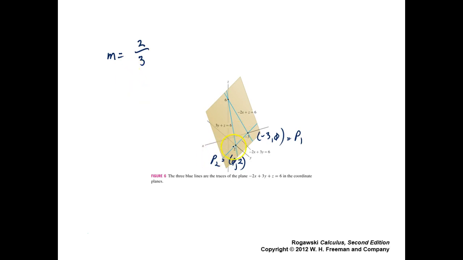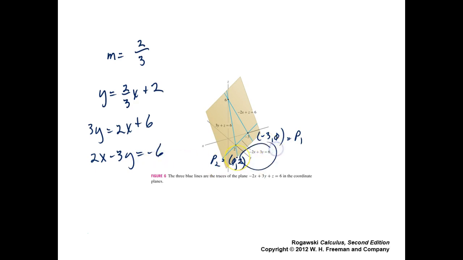And the y-intercept, that would be here. So y is equal to 2/3 x, and the y-intercept is plus 2. So multiply both sides of the equation by 3, and you get 3y is equal to 2x plus 6, right? So 2x minus 3y is equal to minus 6, or minus 2x plus 3y is equal to 6.